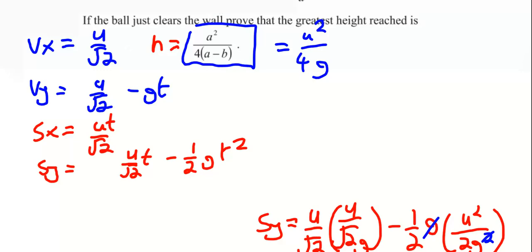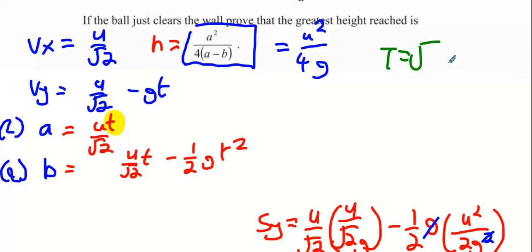So replace sx with a and sy with b. a is a linear equation while b is a quadratic, right? So let's isolate t. How do you isolate t? t equals root 2a all over u. Agreed?